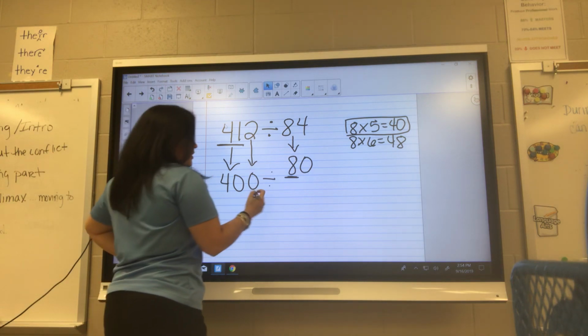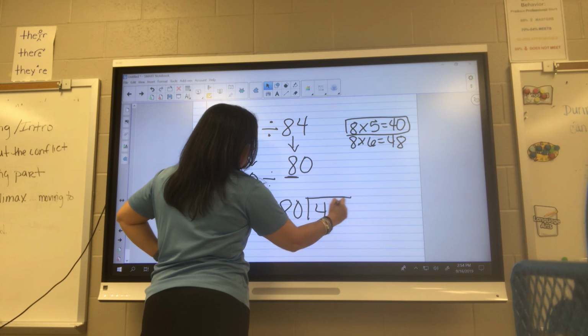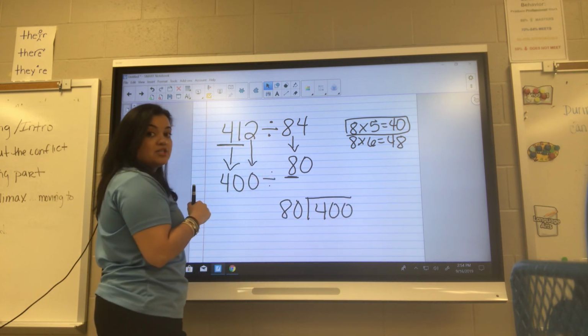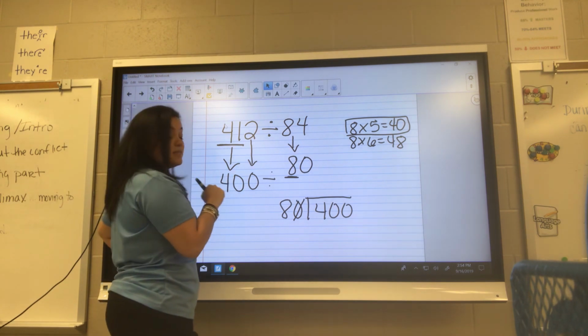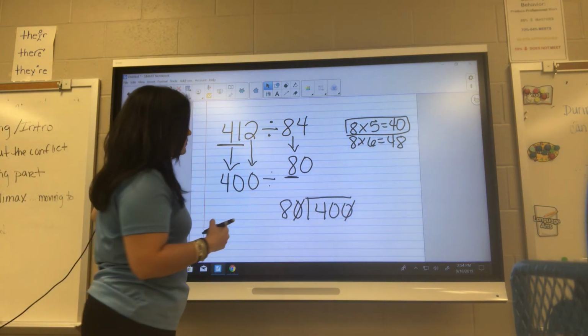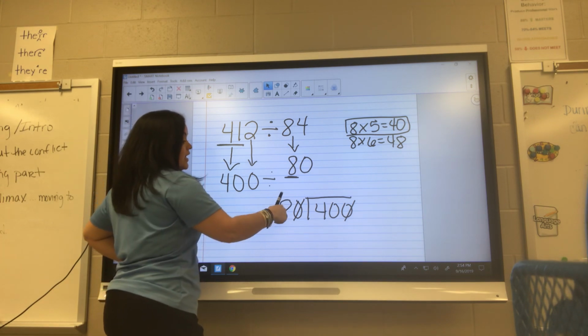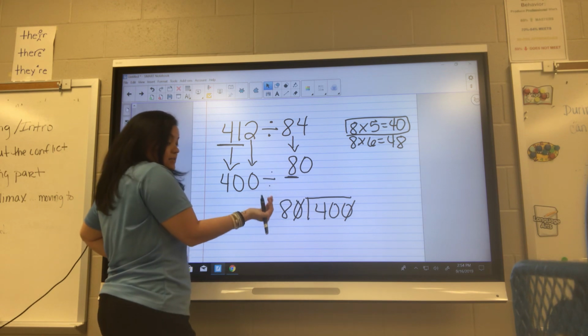Okay, so what we can do is set it up. Then we can do our magic zeros trick. I'm going to remove only 1 zero from the divisor and 1 zero from the dividend. Now we can ask ourselves, 8 times what gives us 40? Or 40 divided by 8 is what?